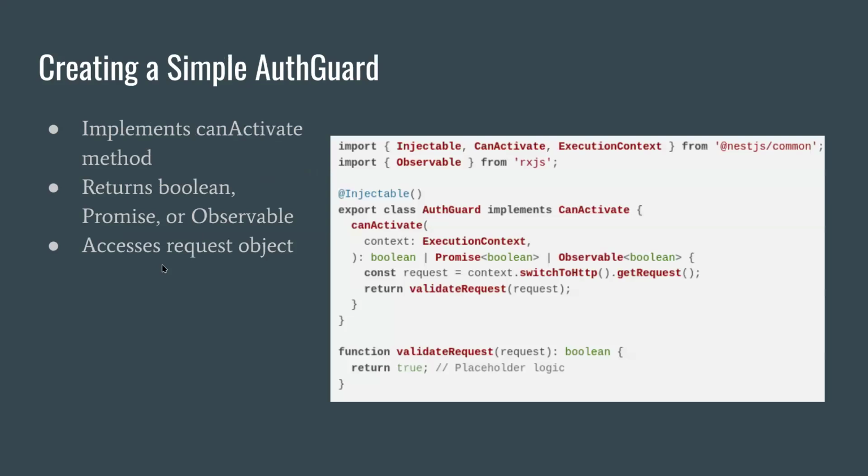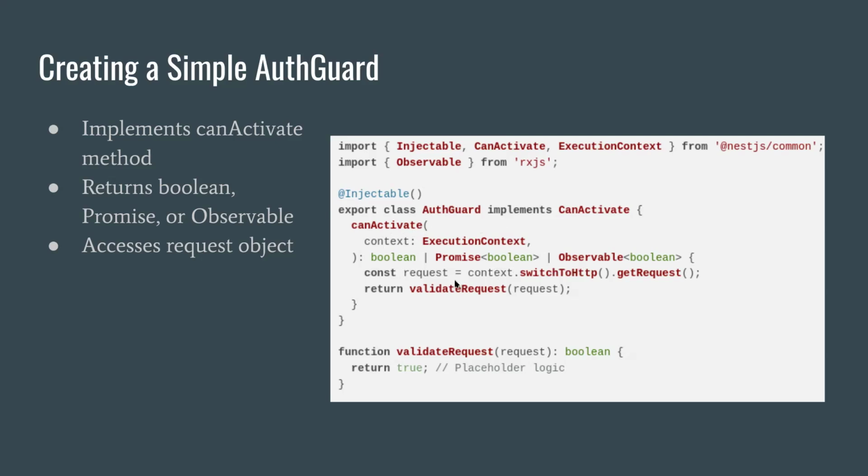Creating a simple auth guard. So let's look at how we can create a simple auth guard in NestJS. Here is an example of a basic authorization guard. In this example, we are implementing CanActivate, and we have the canActivate method, which returns a boolean, promise, or observable.